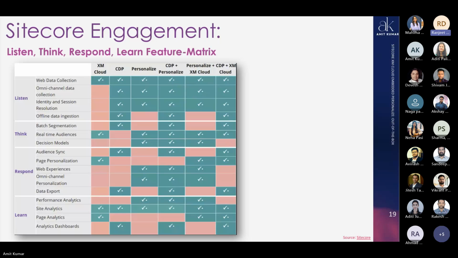XM Cloud supports web data collection, whereas CDP and Personalize support advanced features like omnichannel data collection, offline ingestion, and session identity resolution. So these are a few things which we use to determine engagement.